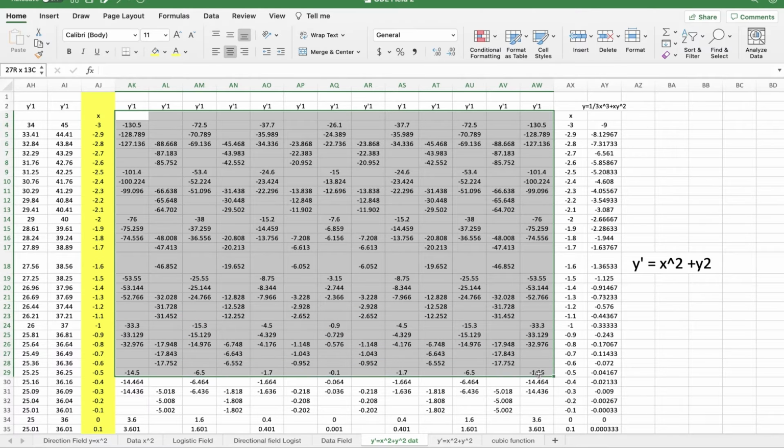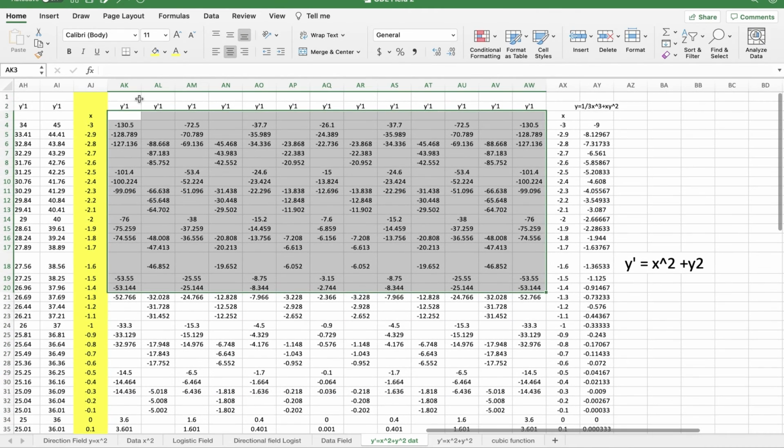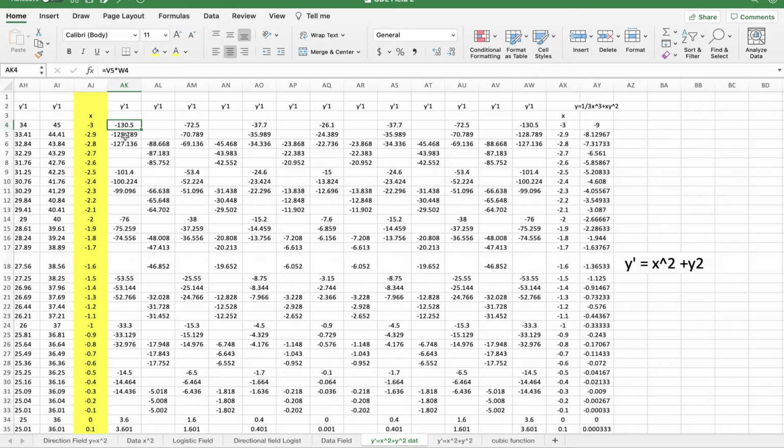lines, little line segments that give us tangents at points on the curve. So, for example, the little line that I created is the tangent at x equals negative 2.9, and you can see that the slope is going to be the same for this x value, even though I have different y values.